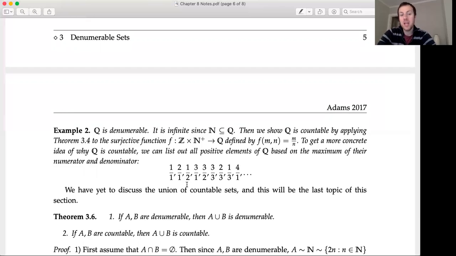Next up, make all the rationals you can using numbers up to 3. So 3 over 1, 3 over 2, 3 over 3, 2 over 3, and 1 over 3. And then you can say, write down all the rational numbers whose biggest number that they use is 4. And so this is generating a list of rational numbers. Every rational number will eventually be on here.